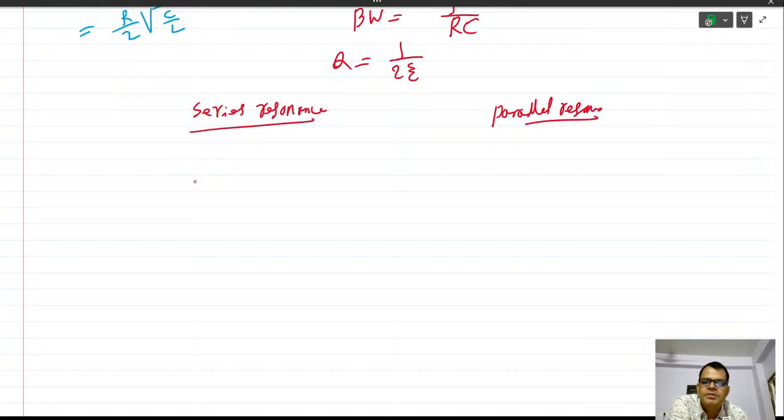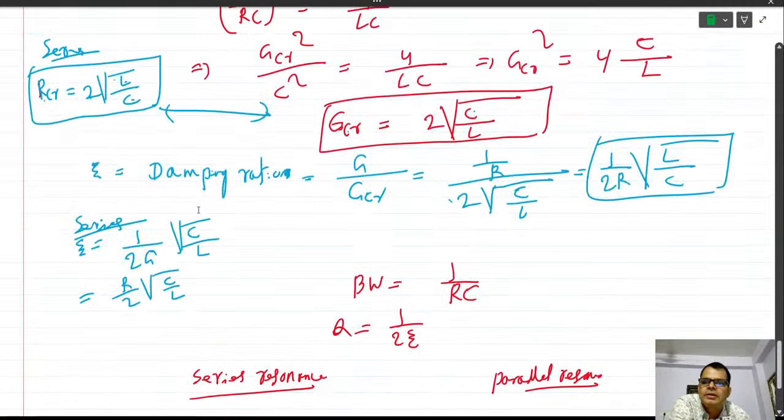Let's say R critical. What was R critical for the series RLC circuit? That is 2 root over L by C, right?